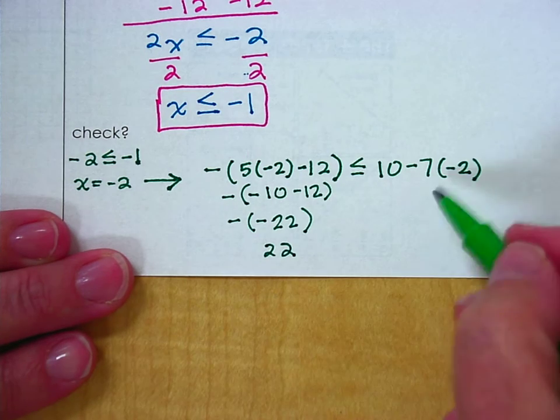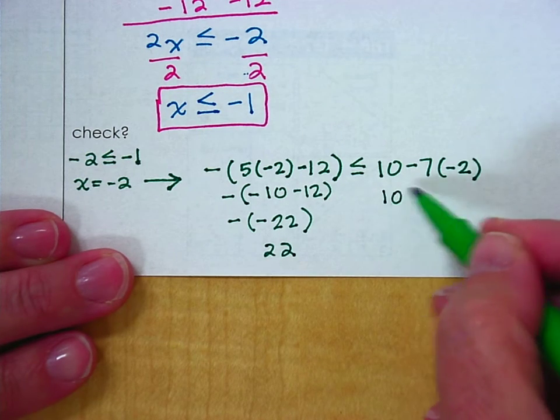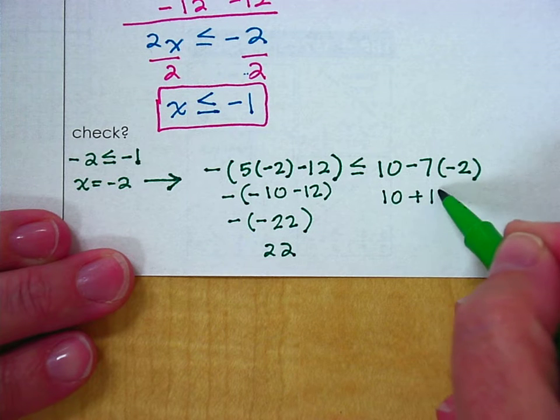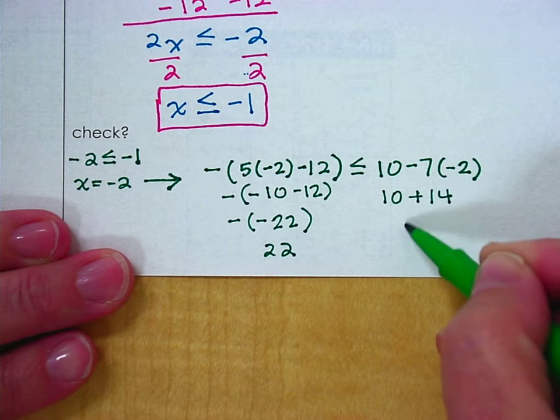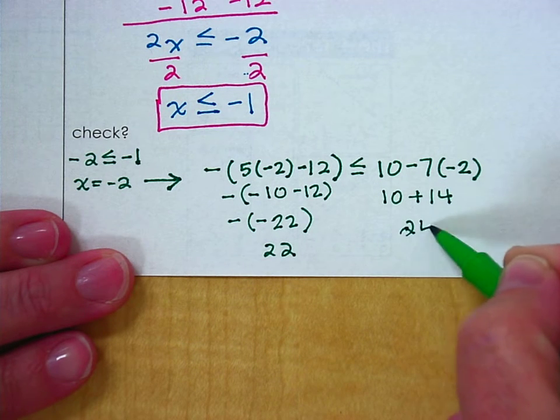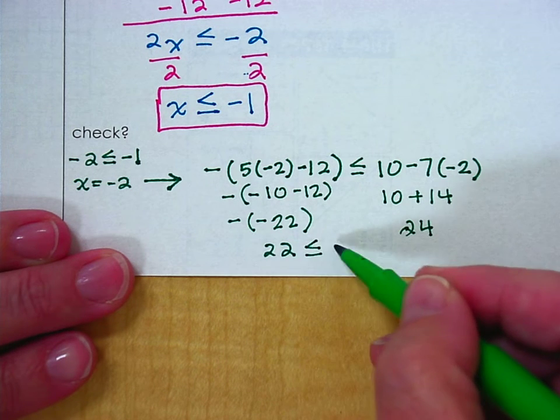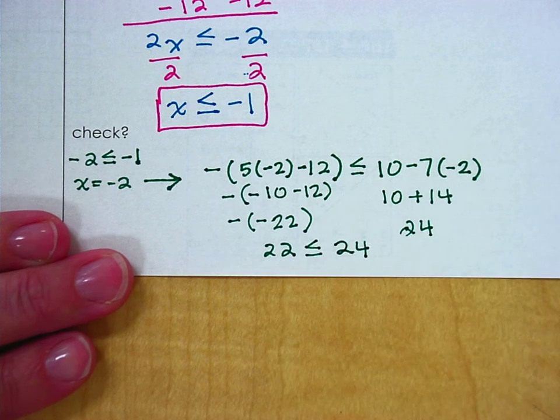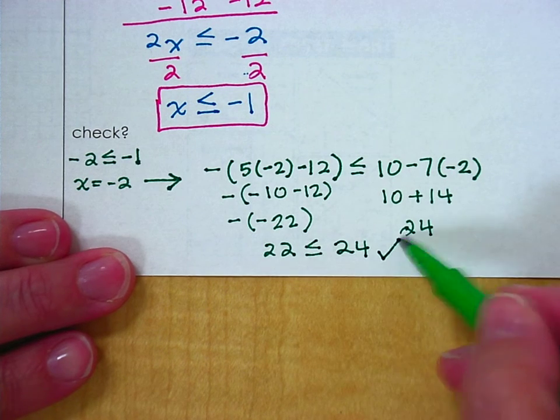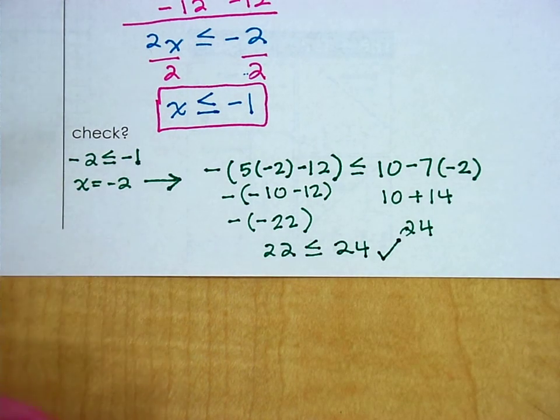And then the right side, multiply first. So I end up with 22 is less than or equal to 24. Is that true? Yes, that is true, so that means that my answer is correct.